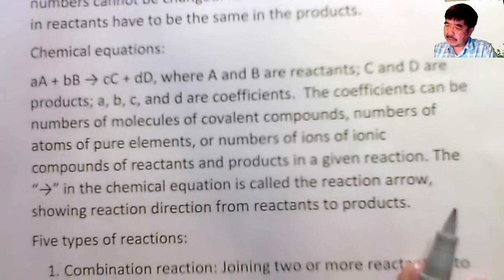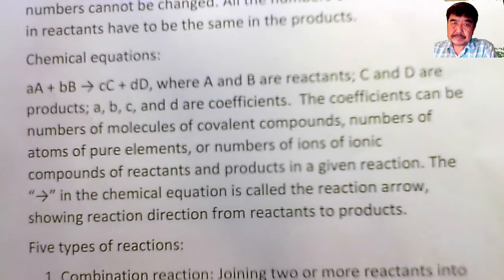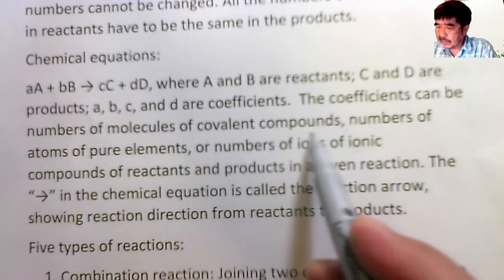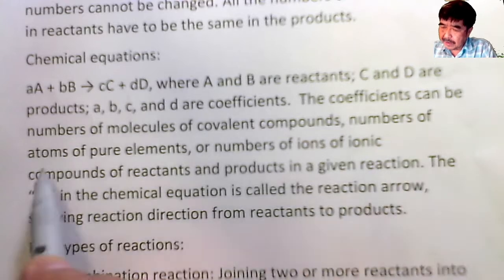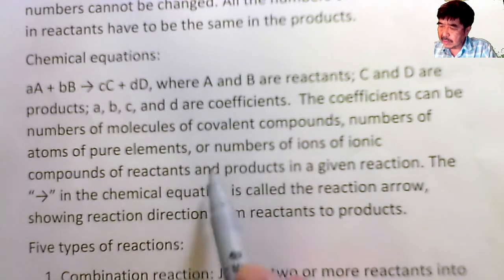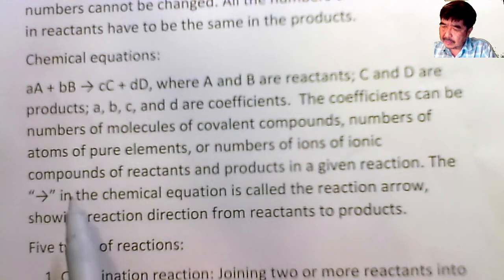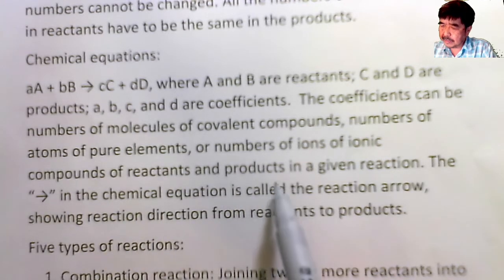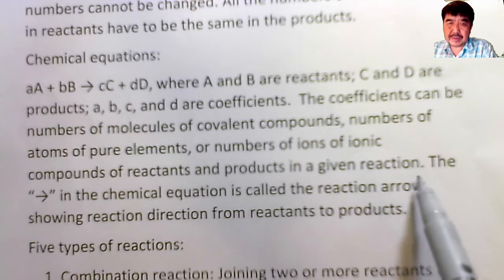Okay, let's take a look at the coefficients. Coefficients can be the number of molecules of covalent compounds, number of atoms of pure elements, or number of ions of ionic compounds of reactants and products in a given reaction.